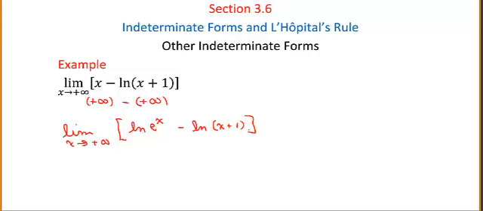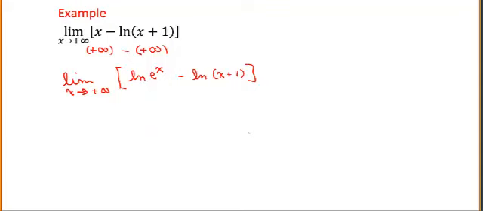Okay? And so now let's see, what will we have here? Well, I have the difference of logarithms, so that'll be the log of the quotient. So I could rewrite this way: the limit as x approaches positive infinity of the natural log of e to the x over x plus 1.